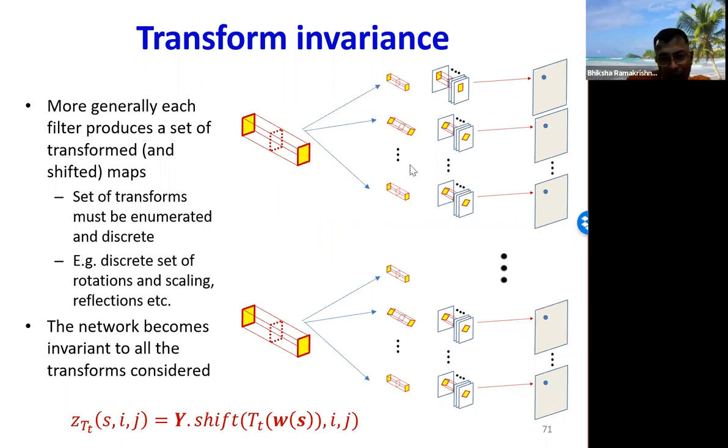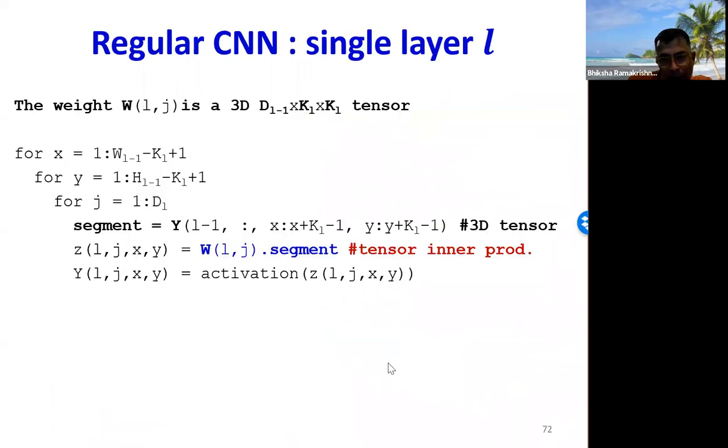And then you're going to scan the inputs with every one of these filters, and you will get several maps from each filter, one for each transformation of the filter. And the next layer of the network will have to consider all of these jointly. And if you do so, then the network is going to become invariant to all of the transforms that you have considered here.